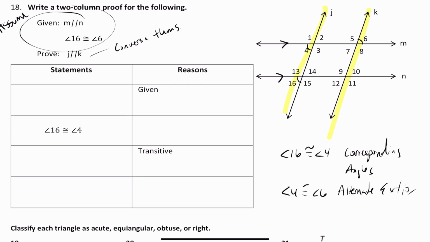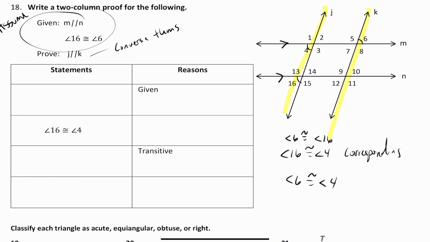Oh, no. I should do this, because angle 16 is congruent to angle 4. Yeah, let's take a look at this. So angle 6 is congruent to angle 16, and angle 16 is congruent to angle 4. That means angle 6 is congruent to angle 4. That's because of the transitive property.